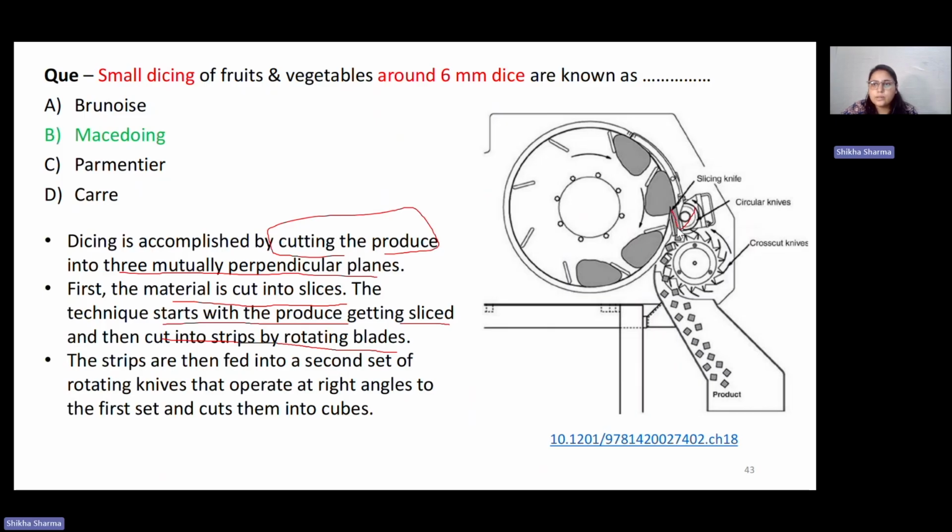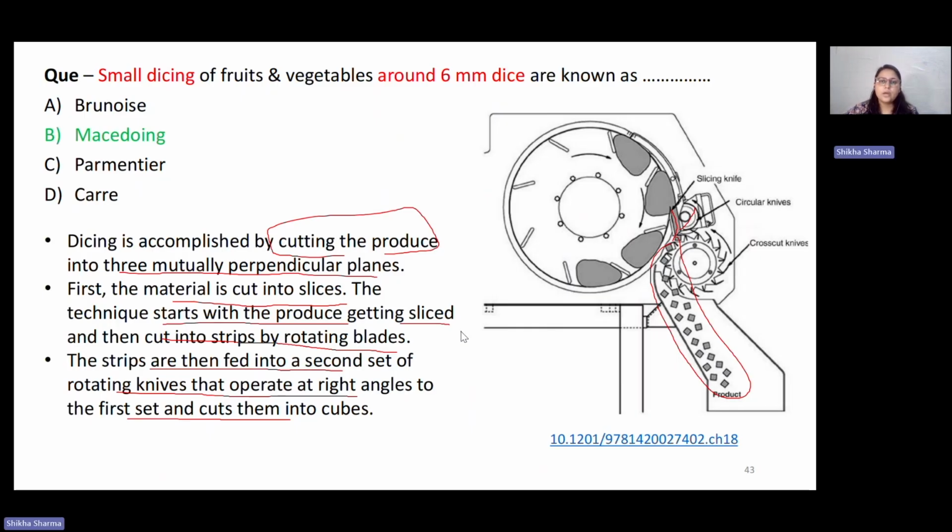This is a slicing knife, and it is cutting the product into slices, and the strips are then fed into a second set of rotating knives that operates at a right angle to the first set and cuts them into cubes. So the second knife is cutting these slices into cubes.